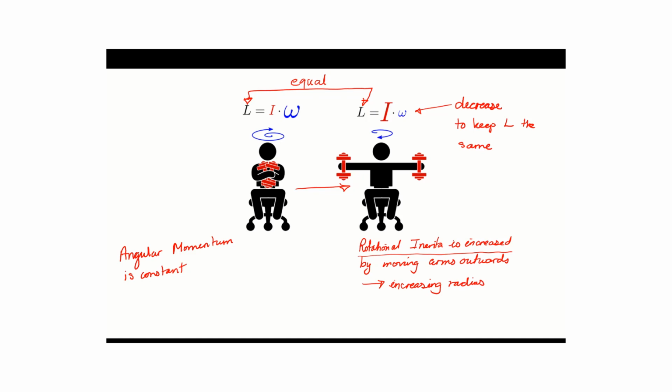Angular momentum is constant, so if we move from the person with the arms inwards to the person with the arms out, we end up changing the angular velocity to keep the angular momentum the same, because we've changed the inertia. So that again is something that's different from linear momentum, because we can't change a mass instantaneously, but here we can change inertia.